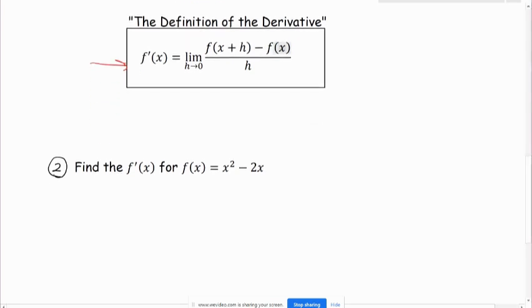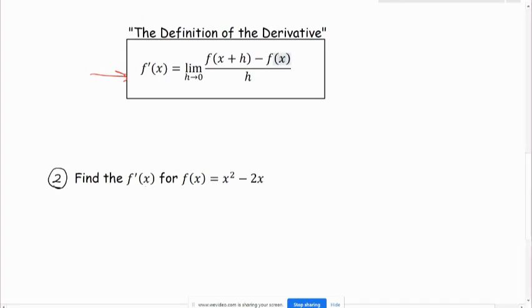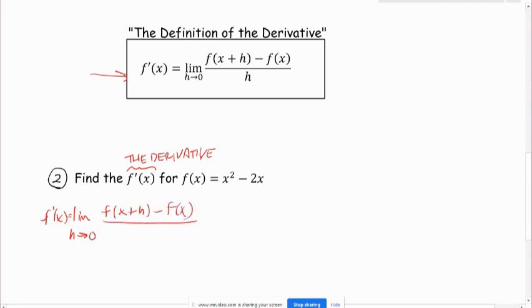So we're going to find f prime of x, which means we're going to find the derivative. So remember, when we see this, that means the derivative of f of x. And so if I use this new limit that we have, we would say f prime of x is equal to the limit as h approaches 0 of f of x plus h minus f of x over h.